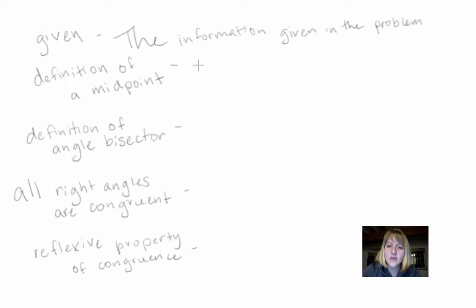Now the definition of a midpoint tells us that if we have a midpoint, it is splitting something in half. So for definition of a midpoint, say we have a segment, either part of a triangle or something, that they gave us in the given. They said B is the midpoint of AC.